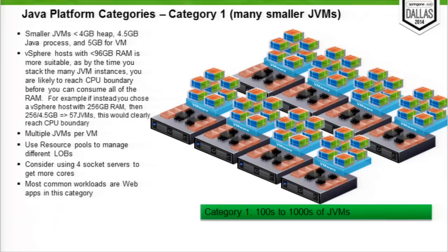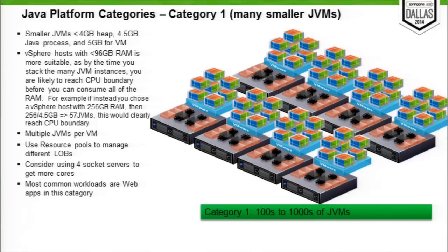If you took a server that's about 256 gig worth of RAM on it, and it's got 2 sockets of 8 cores, so 16 cores, and you wanted to completely consume all of the RAM that's on there with 4 gig JVMs, you'd have to put 57 JVMs on that box, right?